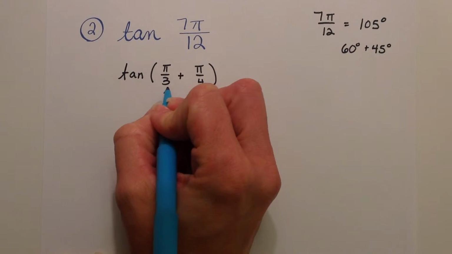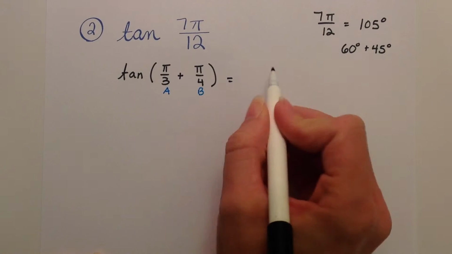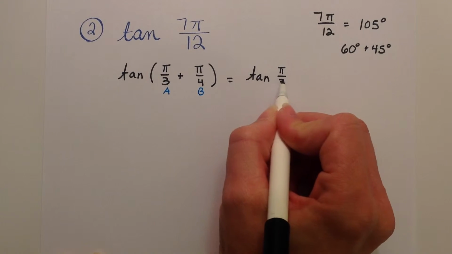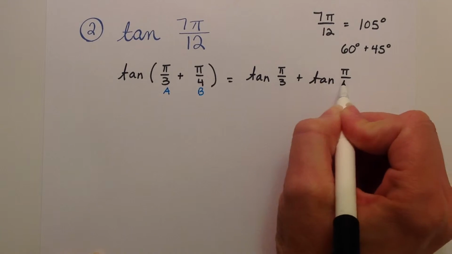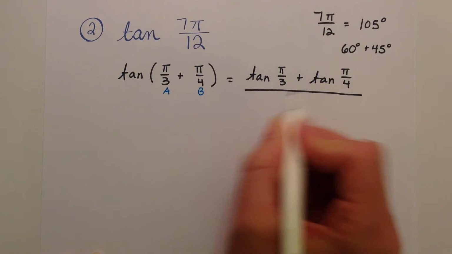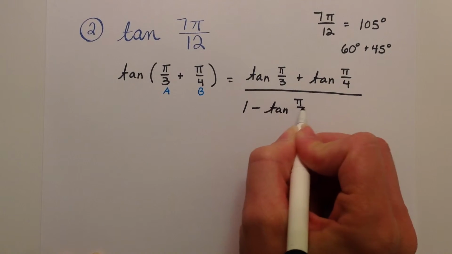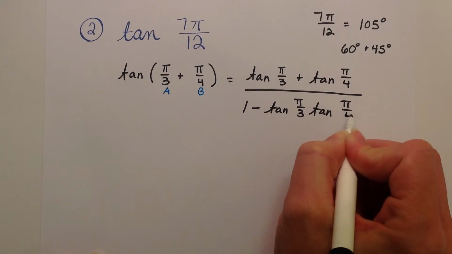Okay, so this is going to be the A, and this is going to be the B whenever we substitute it into the formula. So I would have tangent of pi over 3 plus tangent of pi over 4 divided by 1 minus tangent of pi over 3 times tangent of pi over 4.